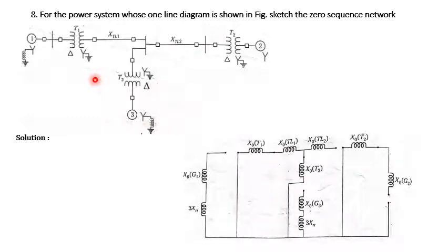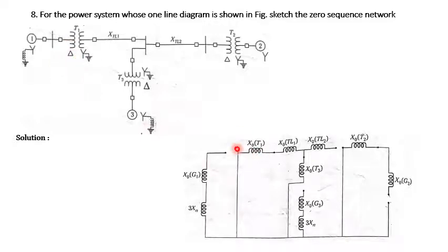The generator G1 is grounded through a ground reactance, so X0 for the generator G1, and it is grounded through a neutral reactance, so it is 3 times Xn. We are going to close the series switch to the reference. For the transformer, the primary side is delta.